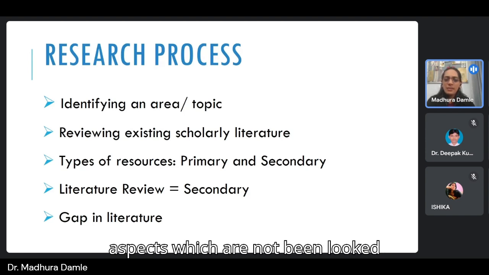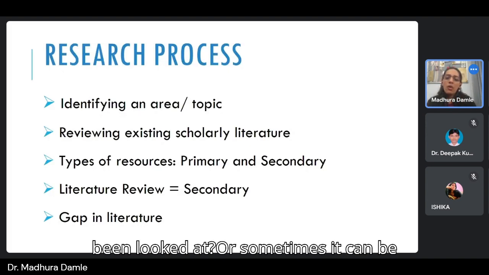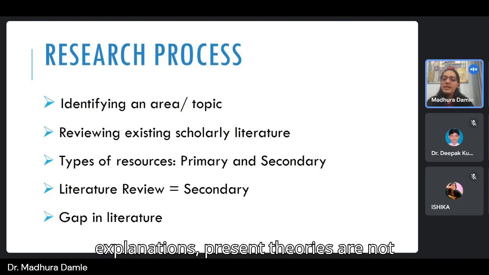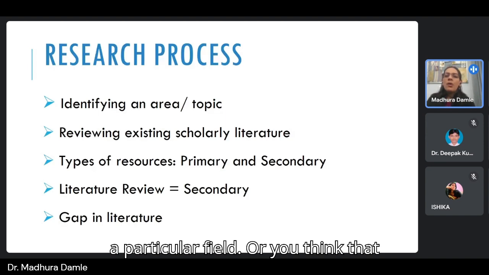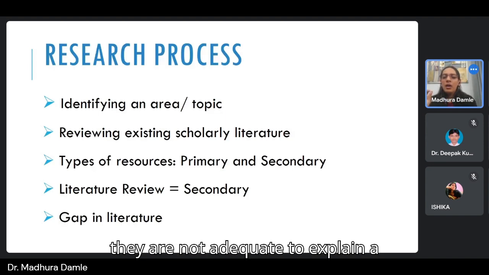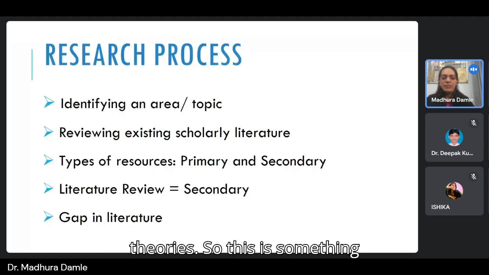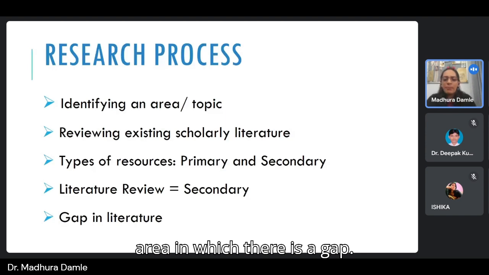That is, what are the aspects or areas which have not been looked at, or sometimes the present explanations and theories are not adequate to explain new developments in a particular field, or you think that they are not adequate to explain a particular thing at all, and you want to come up with alternative explanations or alternative theories. So this is what you explain in the literature gap, that this is the area in which there is a gap, there is no existing literature.